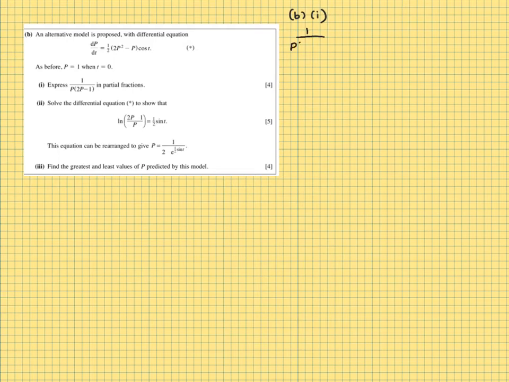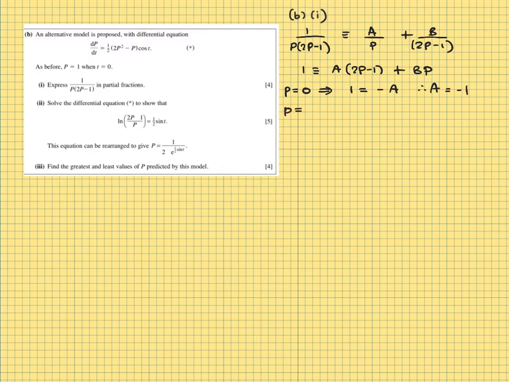1 over p 2p minus 1 can be written as a over p plus b over 2p minus 1. So 1 is equivalent to a bracket 2p minus 1 plus bp. Let's choose our values carefully. P equals 0 gives me 1 equals negative a, or a equals -1.